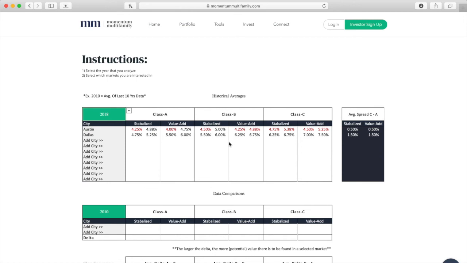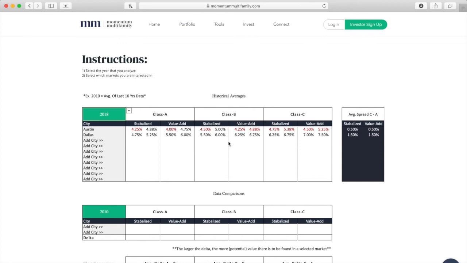So it's very helpful whether you're a deal sponsor trying to dial in your underwriting and figure out, is what I'm paying for this property fair? And then what do I expect to be able to sell it for down the road? Or whether you're an investor who wants to double check your deal sponsor and make sure that they're not getting overly aggressive on their reversion or entry caps.